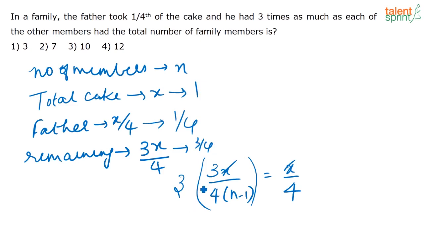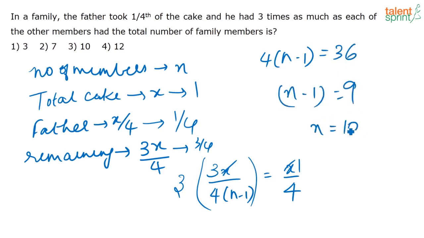So what do we get? We get 3 into 3 by 4 into n minus 1 is equal to 1 by 4. If we simplify this, we get 4 into n minus 1, that is equal to 3 3s are 9, 9 4s are 36, or n minus 1 is equal to 9, or n is equal to 10.